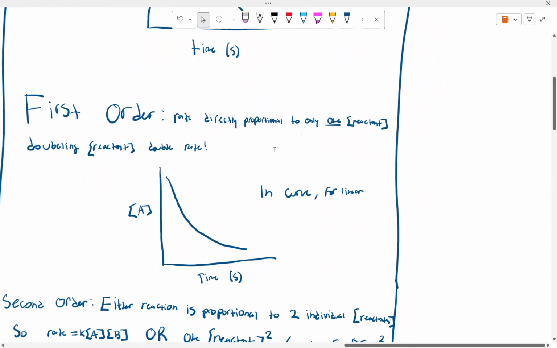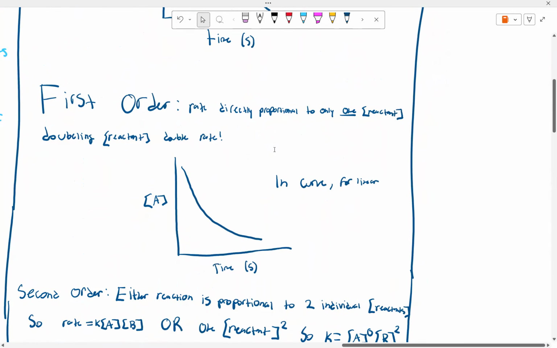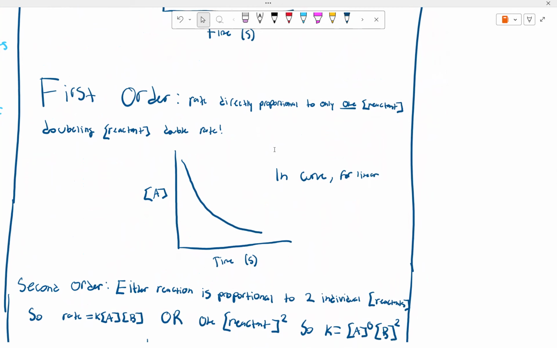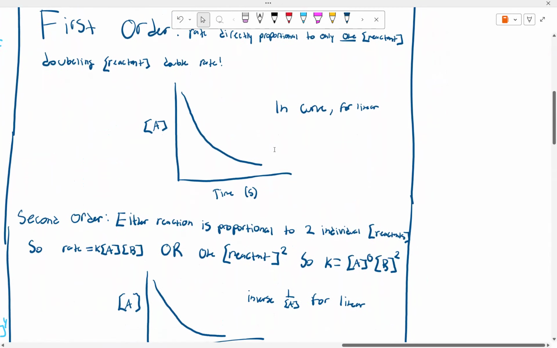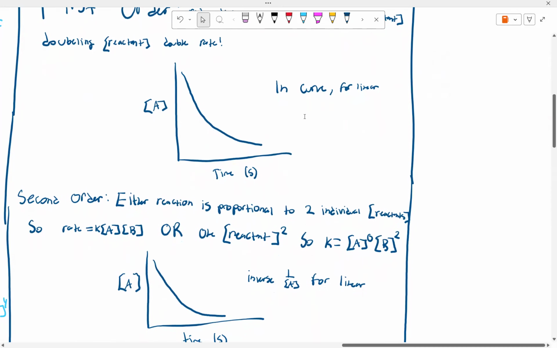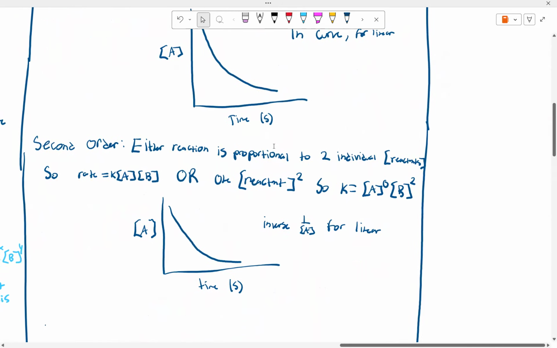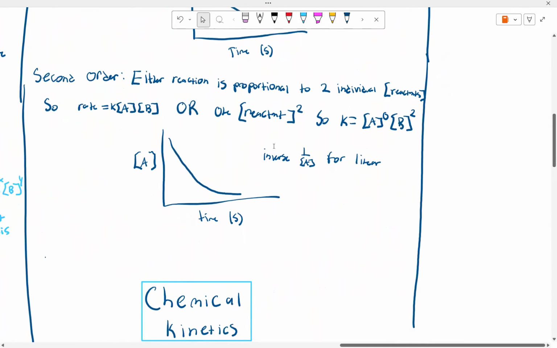First order is when you have a rate that is directly proportional to only one of the reactants, so doubling the reactant doubles the rate. So this is a natural log curve if you want it to be linear. So this follows that natural log curve. The second order is when the rate is proportional to individual reactants.